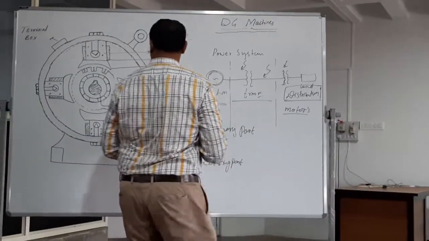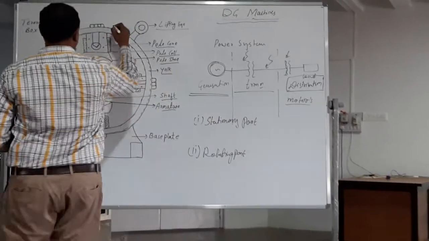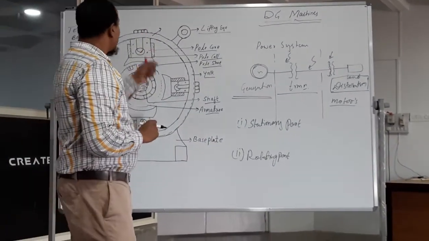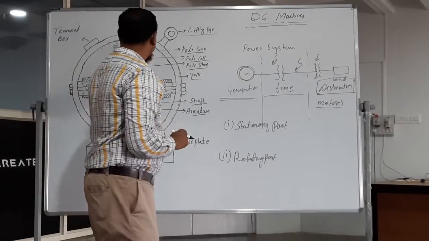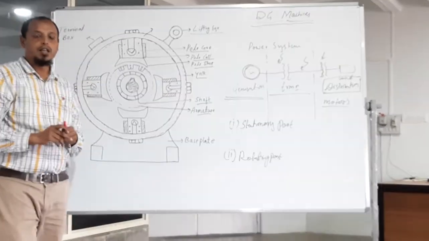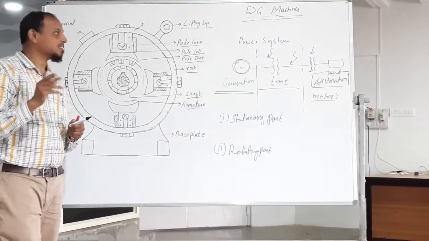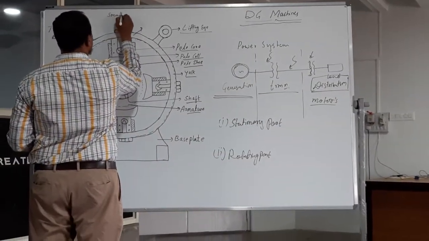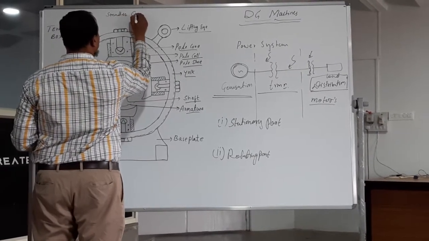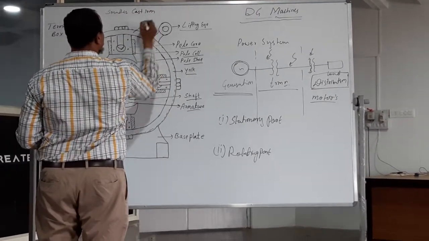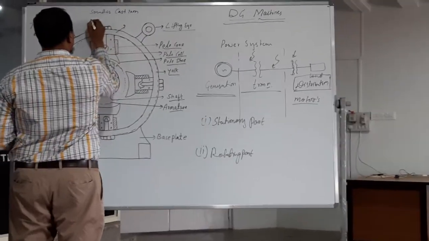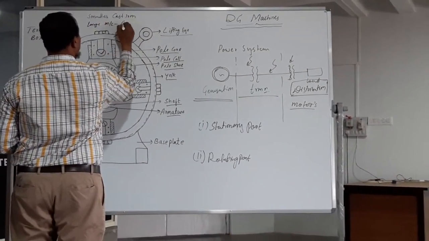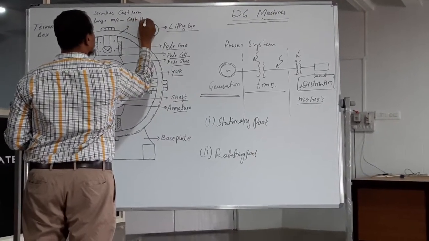In the stationary part, there is the yoke, which for smaller machines is made of cast iron, and for large DC machines it is made of cast steel.